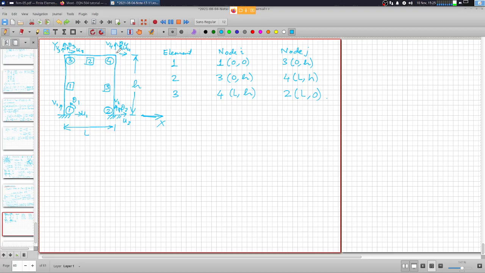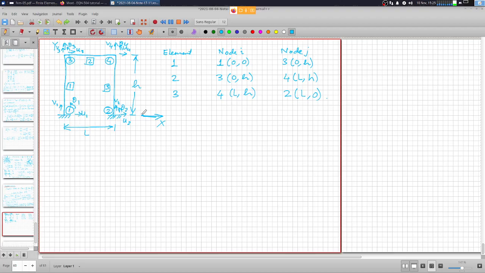The boundary conditions of the problem are such that node 1 and node 2 are fully restrained, so that all these 3 degrees of freedom at node 1, they will be constrained, they will be restrained, so they do not have any freedom to deform either along x, y, or even in the rotation. So this is rigidly anchored at this point, as well as for node 2.